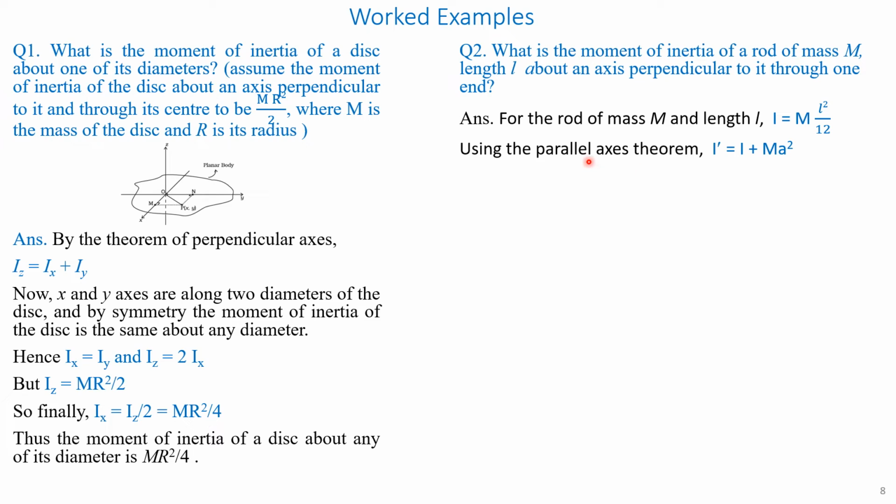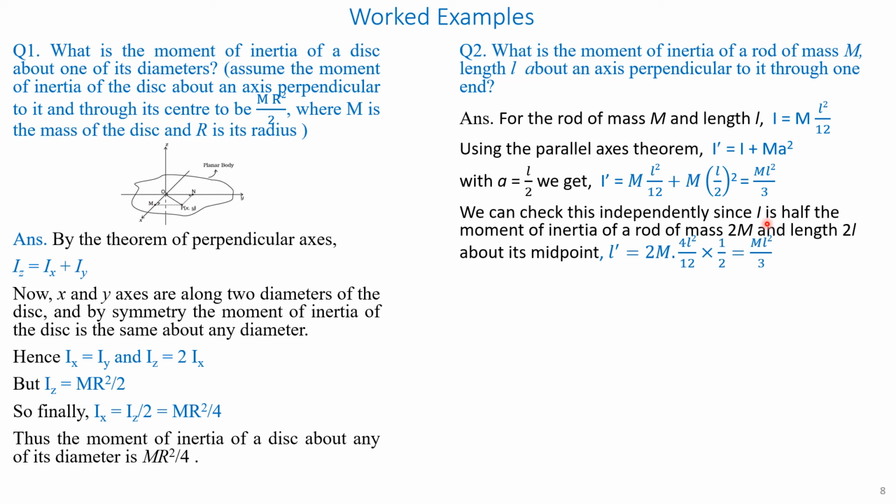Using the parallel axis theorem, we know that I dash is equal to I plus ma square. With a equal to L by 2, we get I dash is equal to m into L square by 12 plus m into L by 2 whole square. Simplifying, we get mL square by 3.